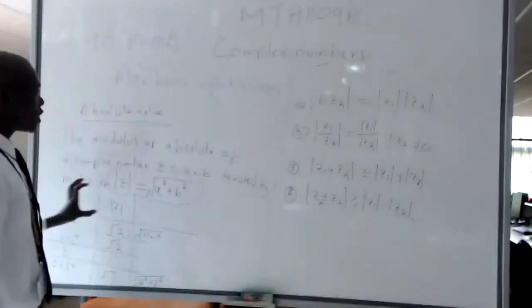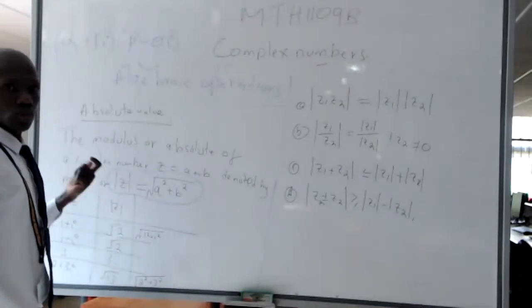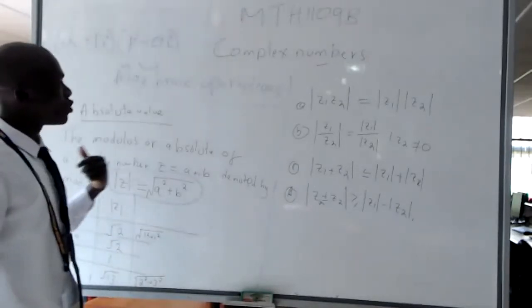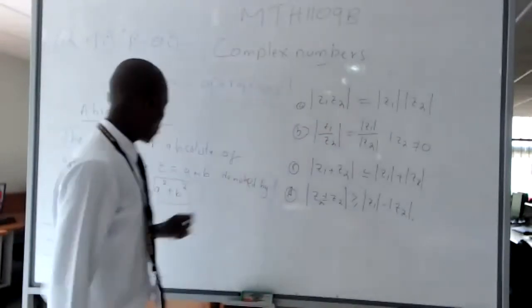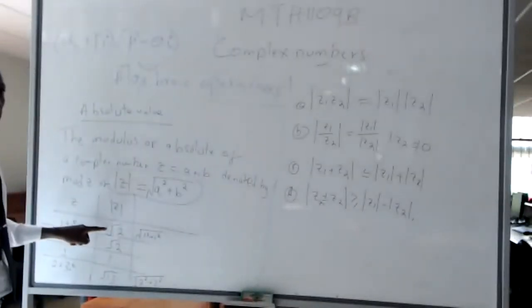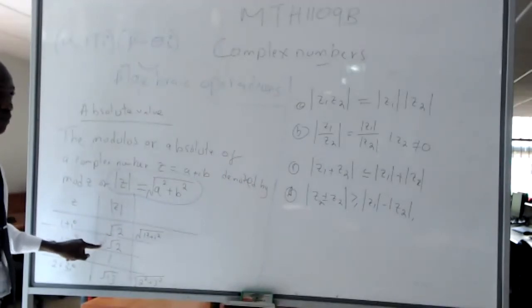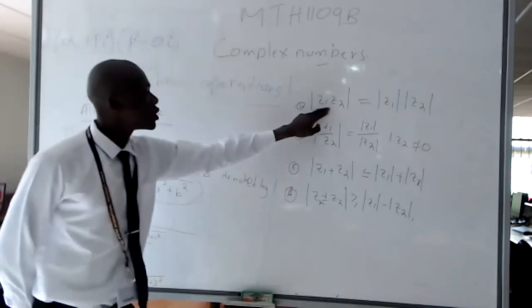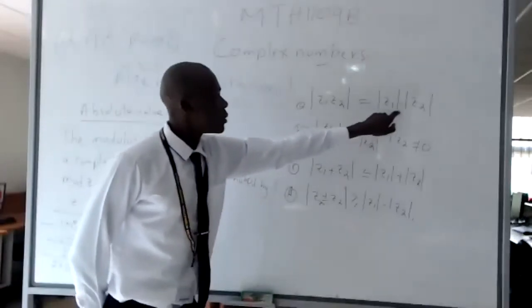So Z1 times Z2, we did somewhere, was 2. So absolute value of Z1 Z2 will simply be 2. Then we have done absolute value of Z1 as square root of 2, absolute value of Z2 as square root of 2. So you realize that 2, which is absolute value of the product, is the same as square root of 2 times square root of 2.